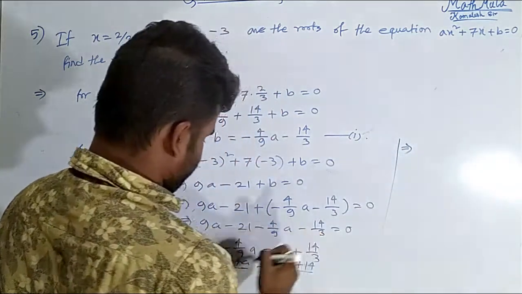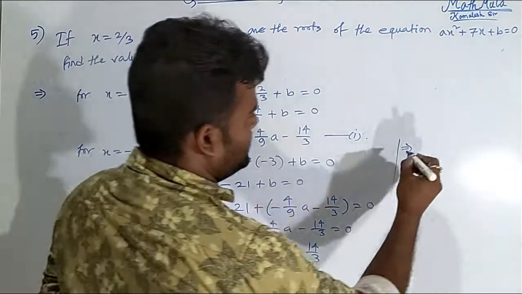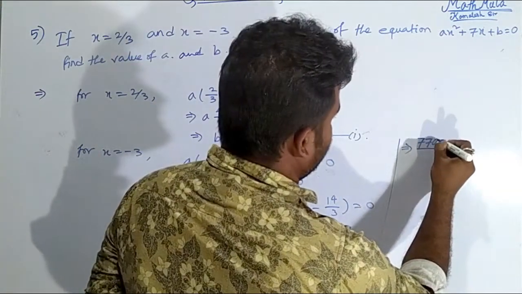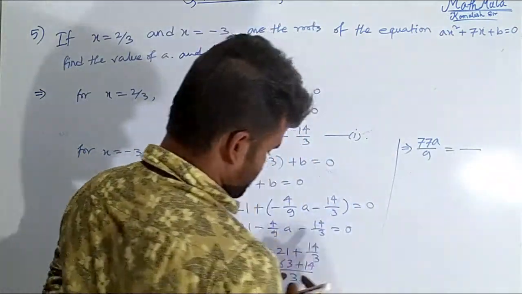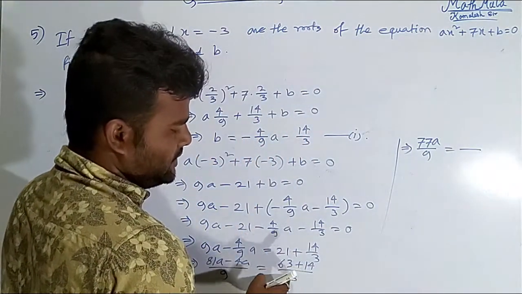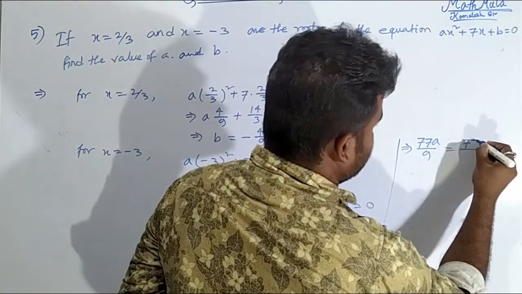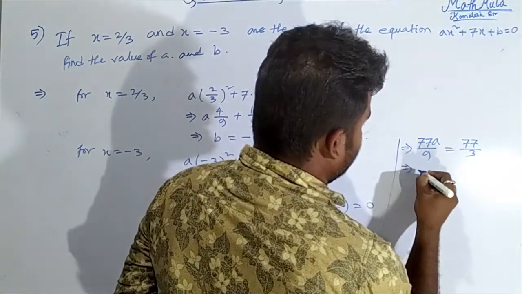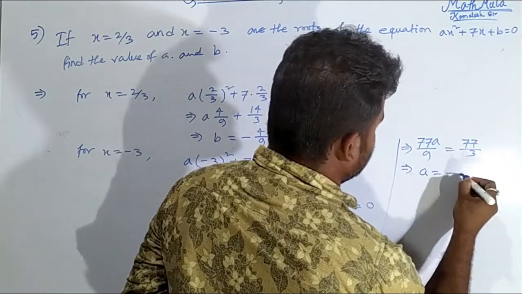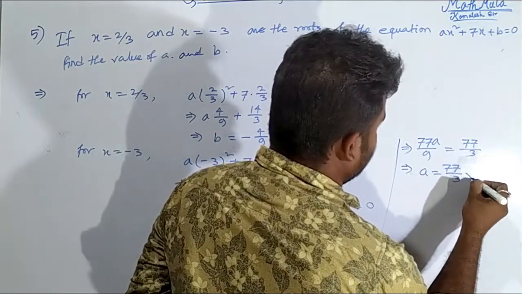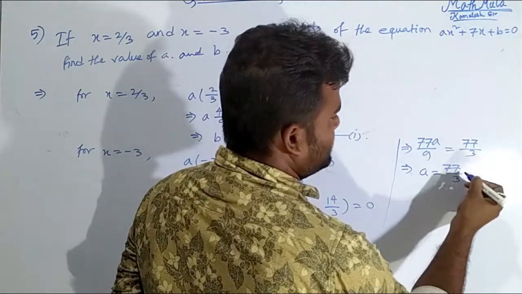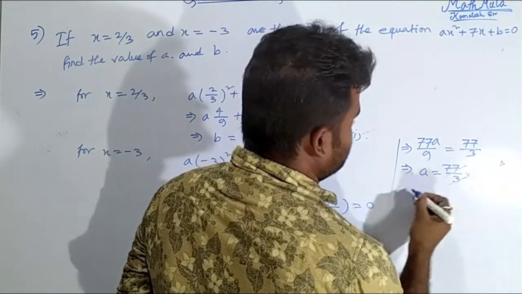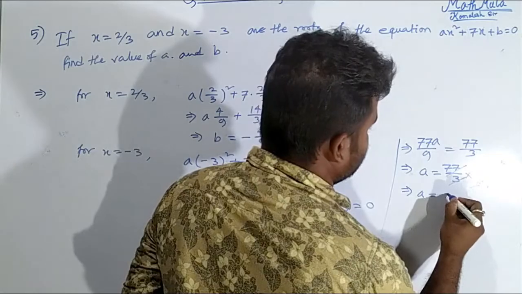That implies 81a minus 4a, that is 77a by 9, and this is equals to 63 plus 14 by 3. This is also 77 by 3. That implies a is equals to 77 by 3 into 9 by 77. Now 77 will be cancelled, 3 9 will be cancelled, that is 3. That is a is equals to 3.